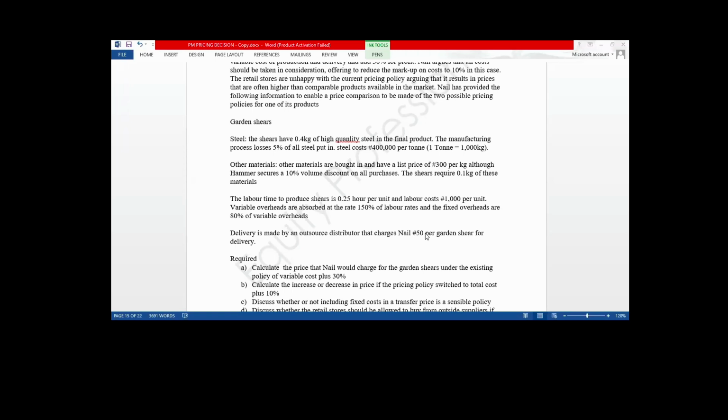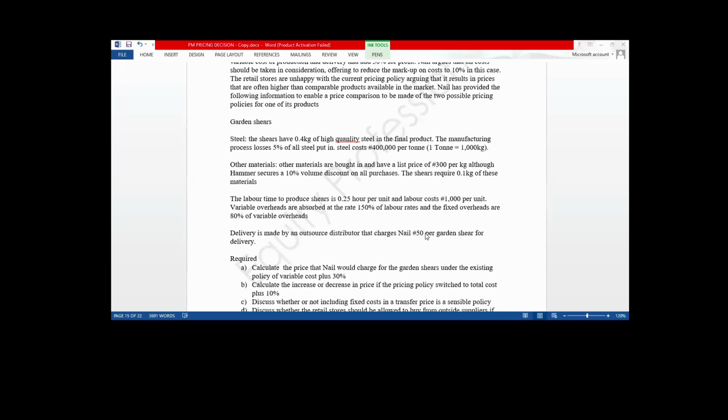Now they have chains of retail stores where they sell their products, but they are battling with pricing now. If you look at the explanation here, it's between variable cost plus method and total cost plus method. That is full cost plus method and marginal cost plus method.